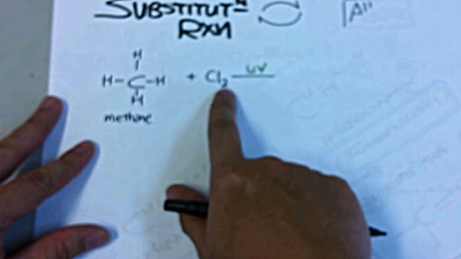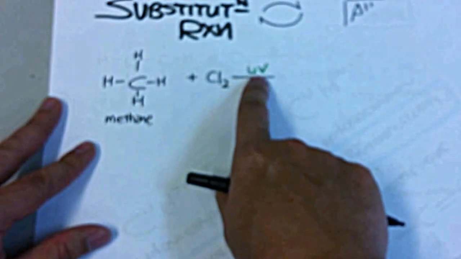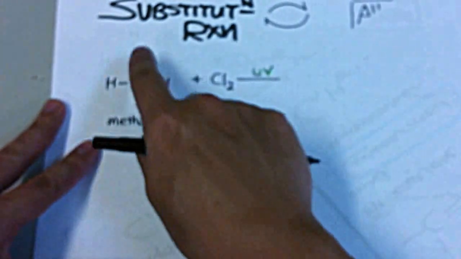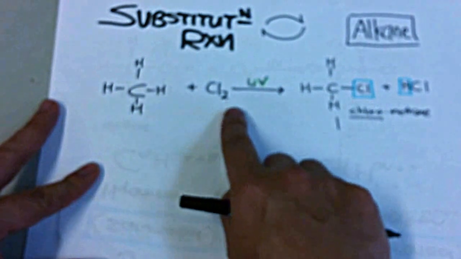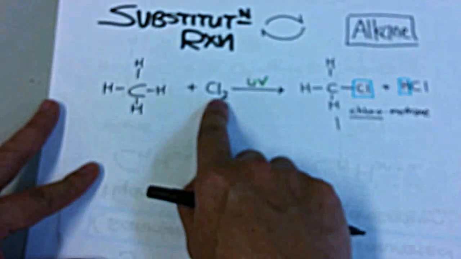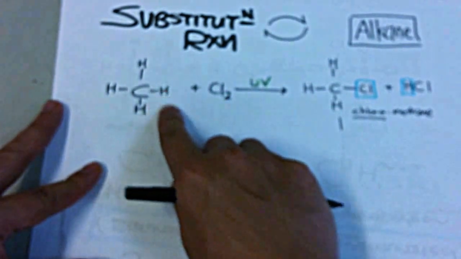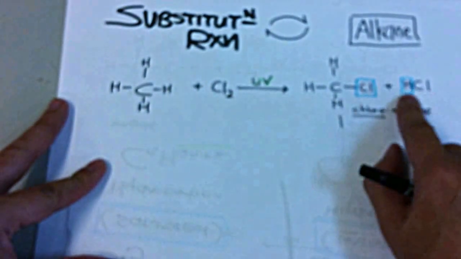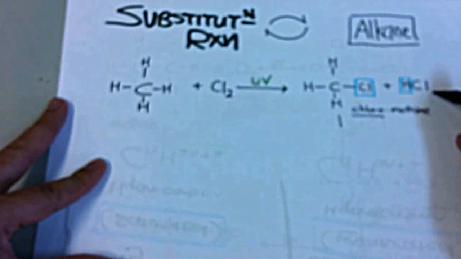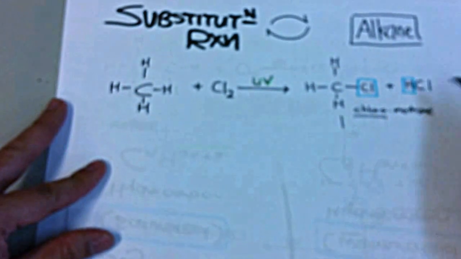When methane is exposed to chlorine gas under the influence of UV light, ultraviolet light, one of the hydrogens gets substituted by the chlorine. So chlorine goes in, hydrogen comes out, and that hydrogen binds with the remaining chlorine to give you hydrogen chloride gas, and you get a new structure, known as chloromethane.